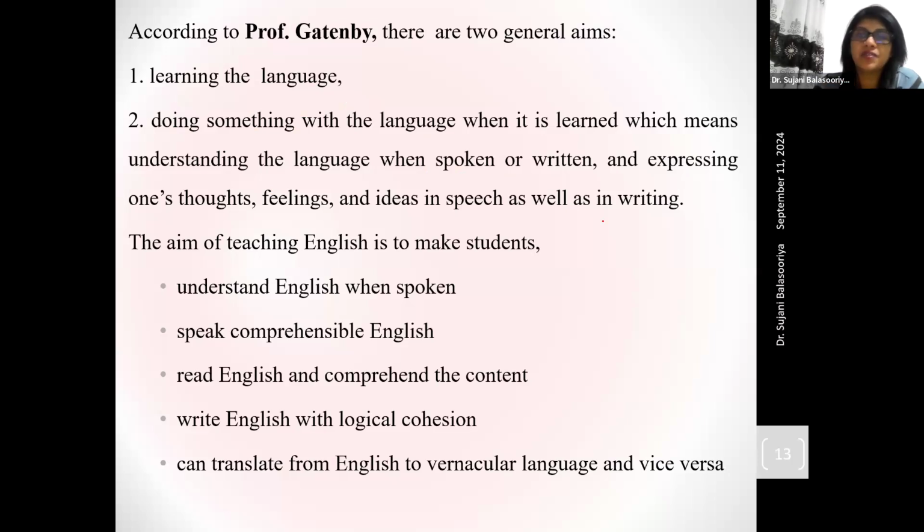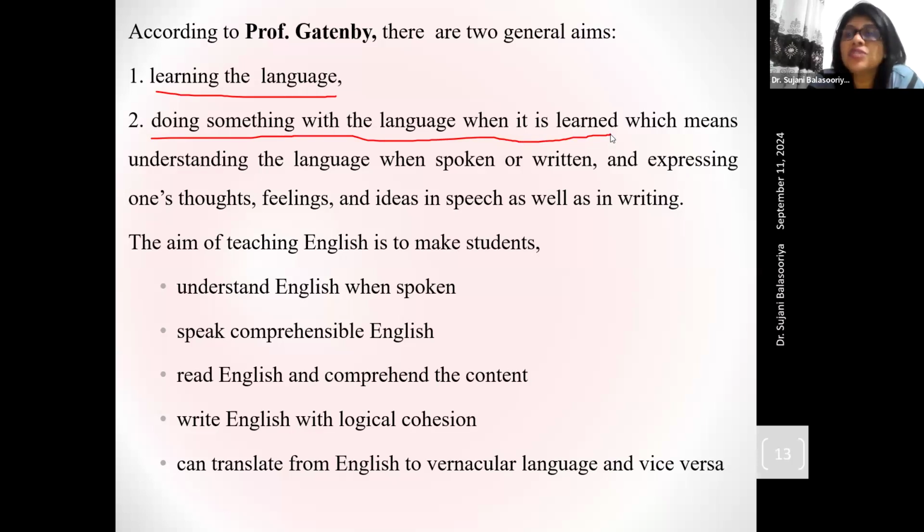I just read the lines here, hoping that you also have gone through them to understand what these two general aims mean. I just underline the basic idea here.